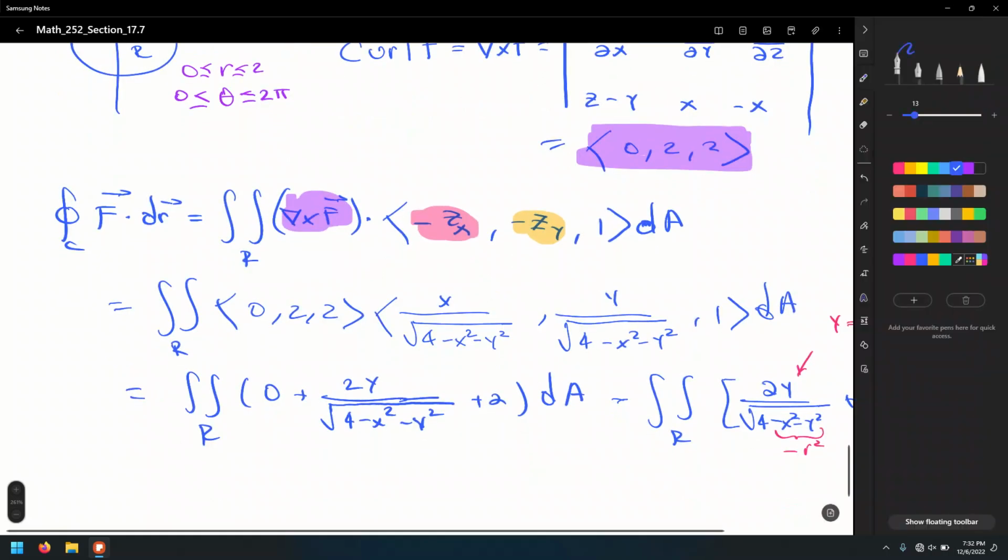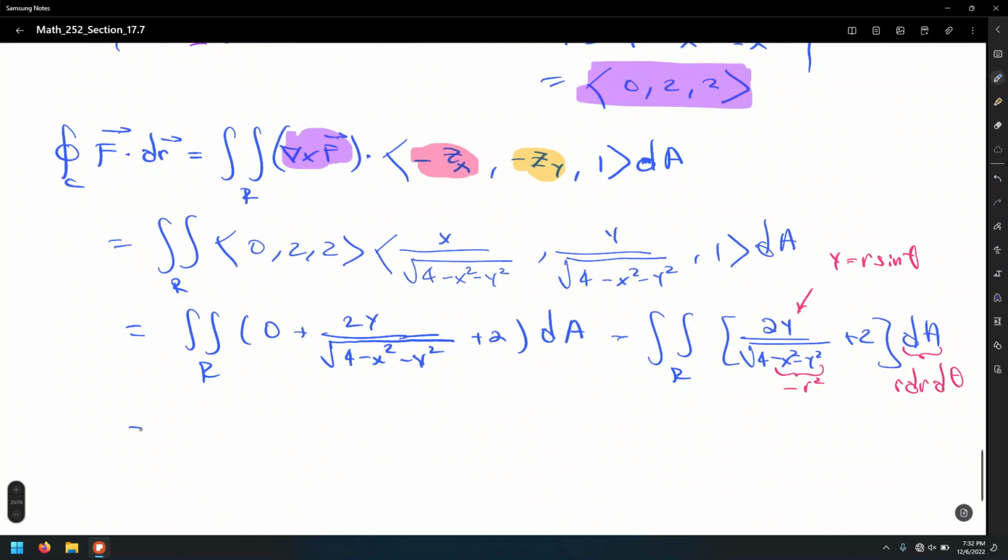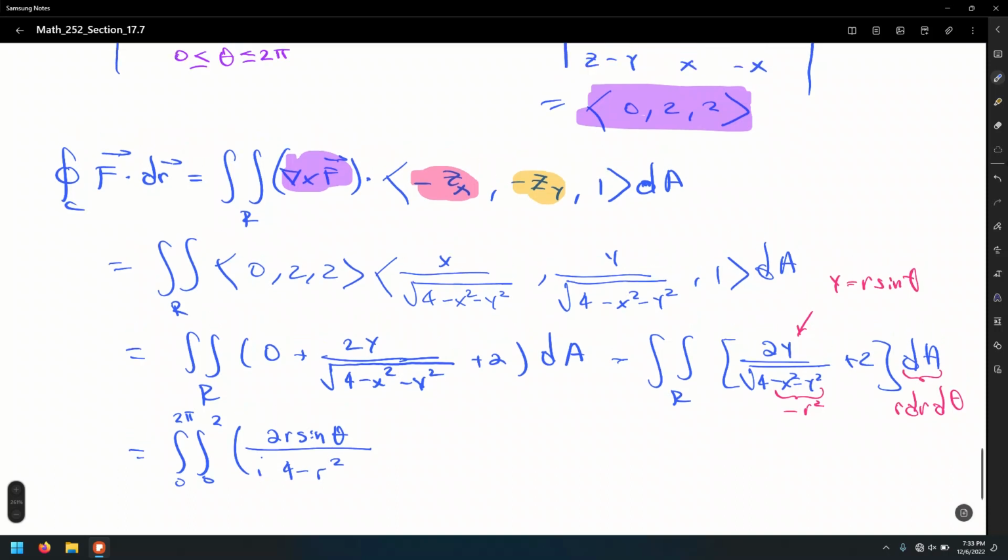So let's write down the integral. That is the double integral, from 0 to 2 first, and then 0 to 2 pi, of 2r sine theta over the square root of 4 minus r squared plus 2r dr d theta.